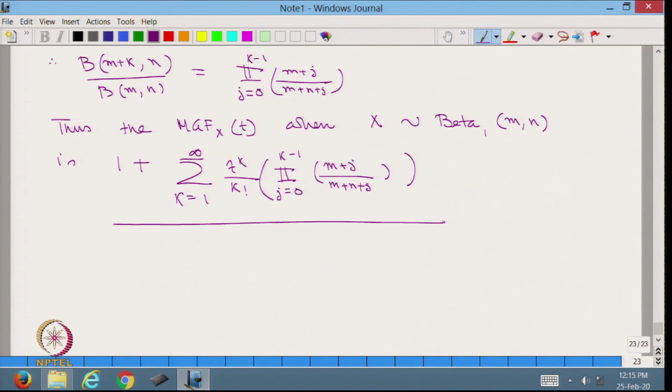So, that is the answer, which is slightly complicated, but a good exercise to work out.